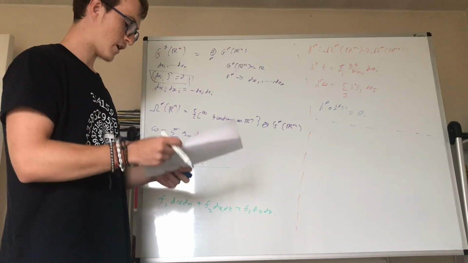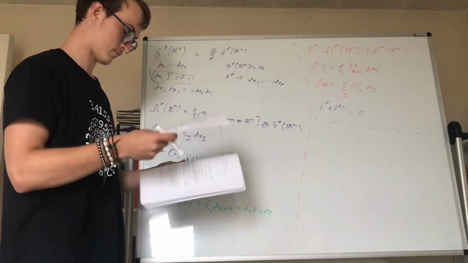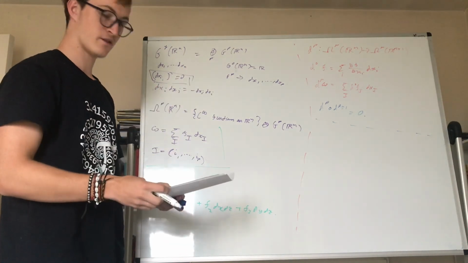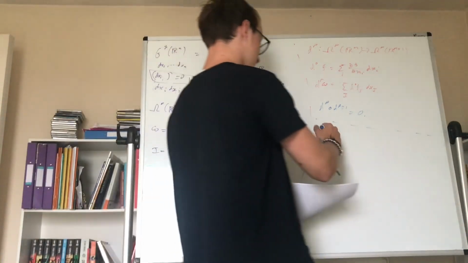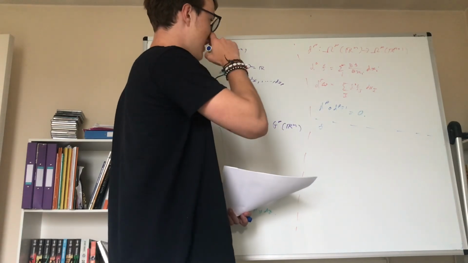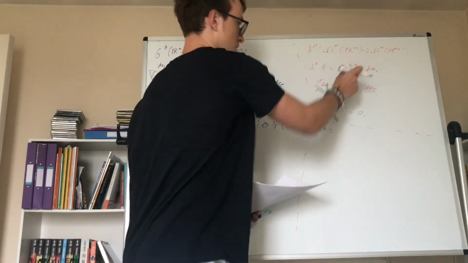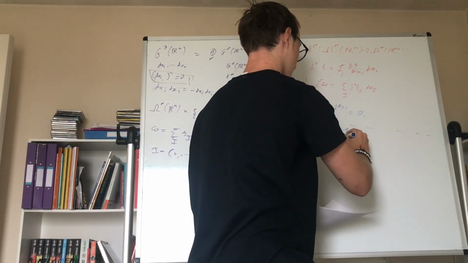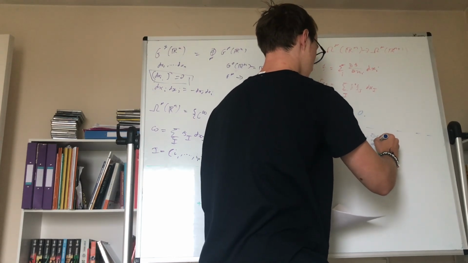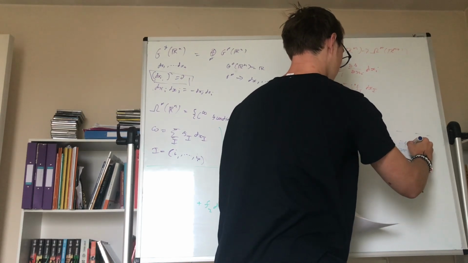So when we look at R3, so 3D, if we have some function f of x, y, z, then d0 of f is equal to, well, we take the partial derivative with respect to x, dx, plus the partial derivative with respect to y, dy, plus the partial derivative of f with respect to z, dz.